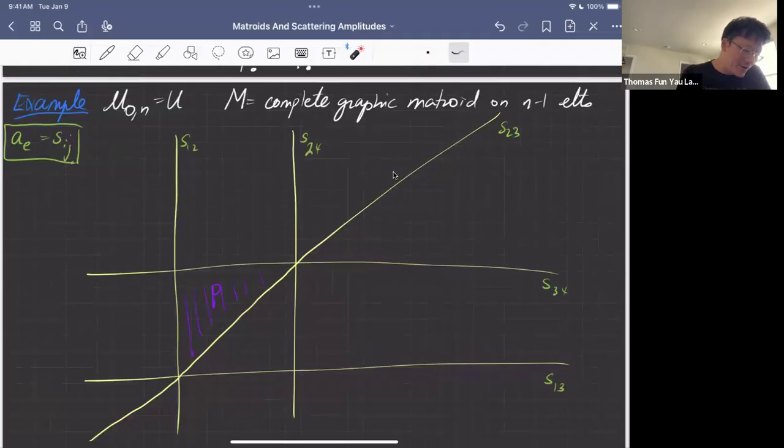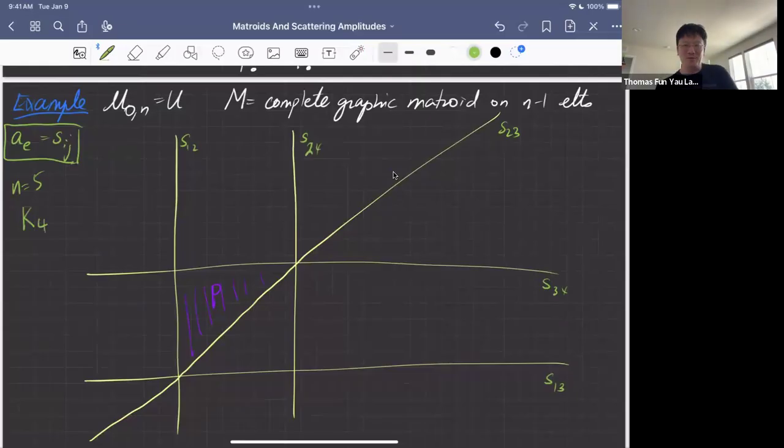In this case, the matroid is the complete graphic matroid on n-1 elements. So if n is equal to 5, as it is in my picture, I'm taking the graphic matroid on K4, which will have a ground set with 6 elements. The 6 elements are the 5 hyperplanes in this picture together with the hyperplane at infinity.